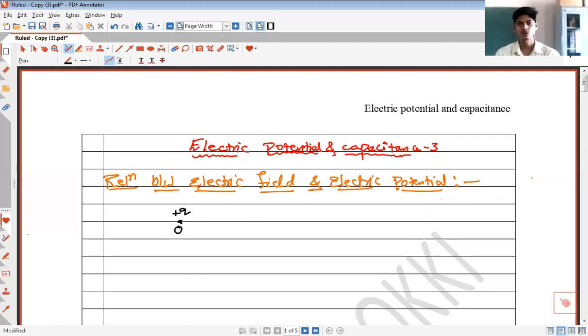Due to a positive source charge, can you tell me the direction of the electric field, whether the electric field will be radially outward or inward? Can you tell me the direction of the electric field due to a positive source charge?